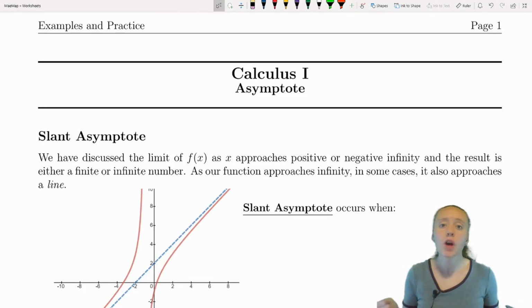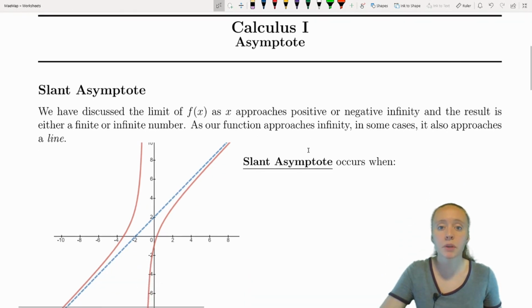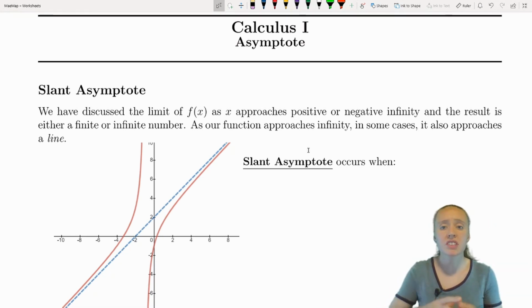In today's video, we're going to go over all the different types of asymptotes as well as introduce a new one. As mentioned in the previous worksheet, there's also a slant asymptote. So we've discussed the limit of f of x as x approaches either a positive or negative infinity, and the result is either a finite or an infinite number.